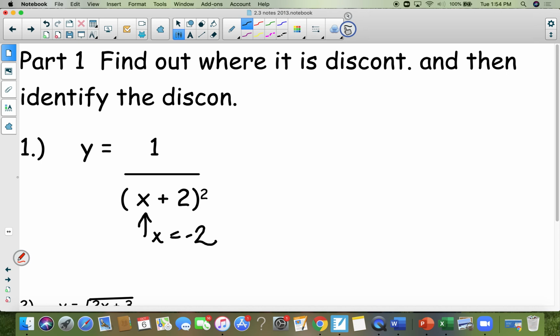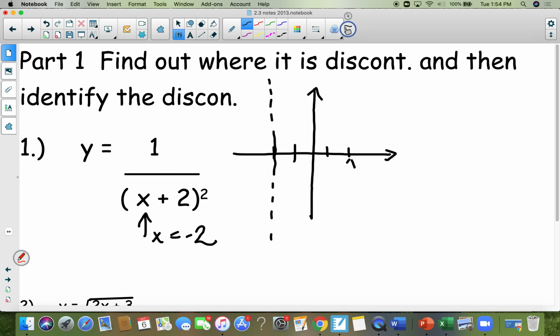So there's going to be a discontinuity in this graph because you cannot have 0 in the denominator. So when you graph this, which you would do on the test, you know at positive 2, sorry, negative 2 there's a dotted line, because this is what the graph looks like.